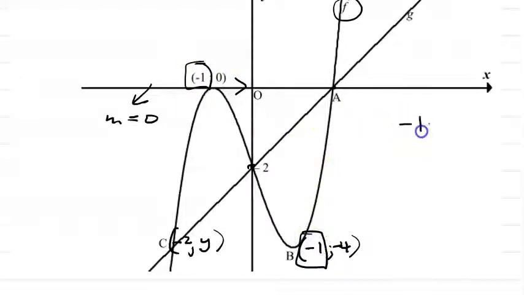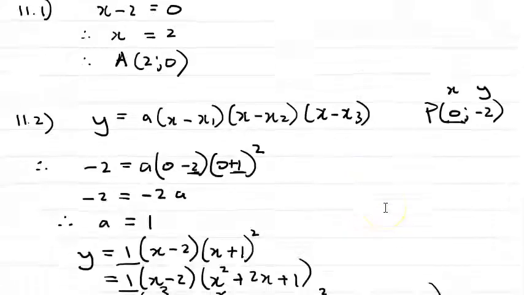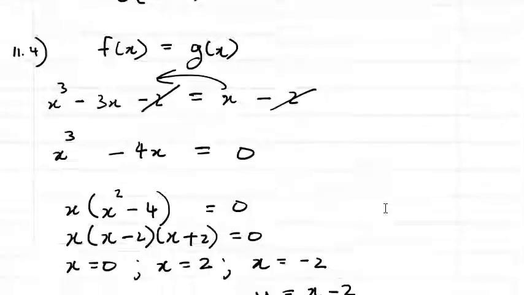So another way is minus 1 plus 1 over 2. That will give me 0 over 2 equals 0. So the point of inflection here will be x equals 0. The other way of finding it out is to find the second derivative and equate it to 0.